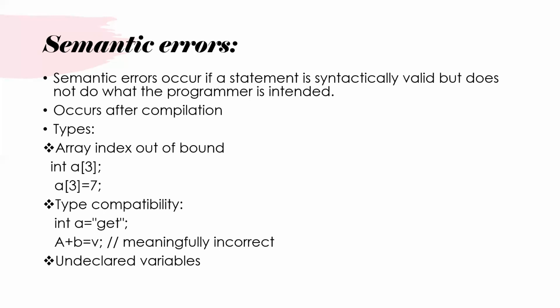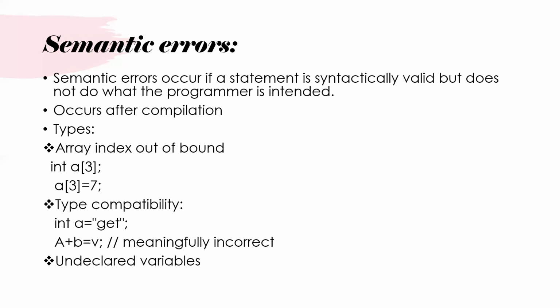So it will give storage for A[0], A[1] and A[2]. So memory doesn't have space for A[3]. But in the next statement, we are trying to initialize A[3] with the value 7. As this location does not exist, this is meaningfully wrong. These errors also occur after successful compilation, so these also come under runtime errors.